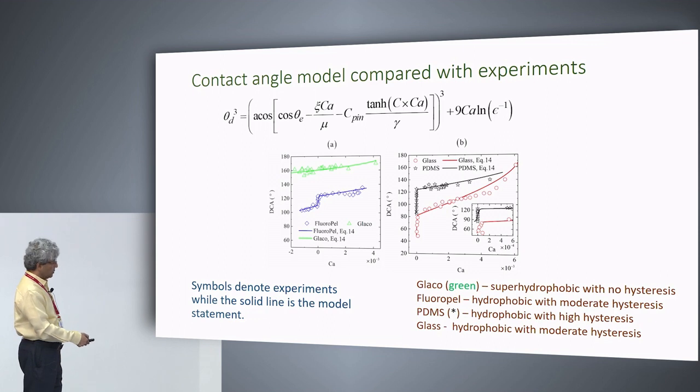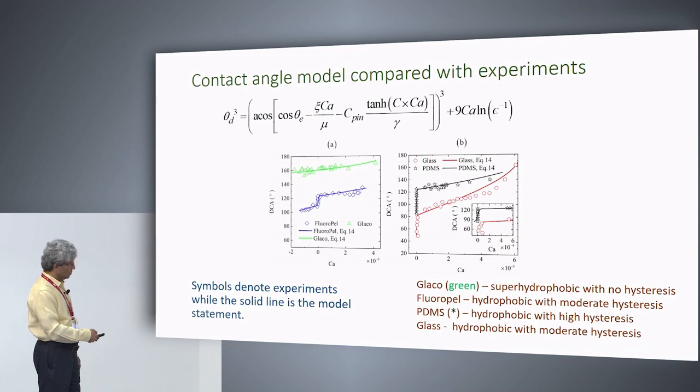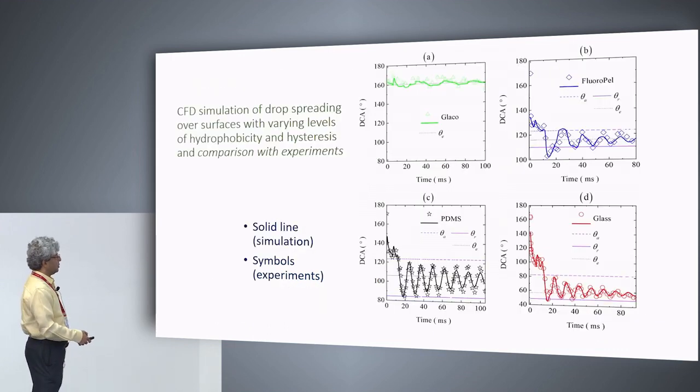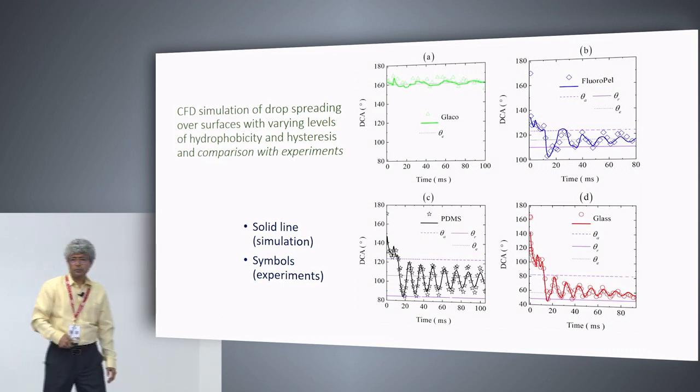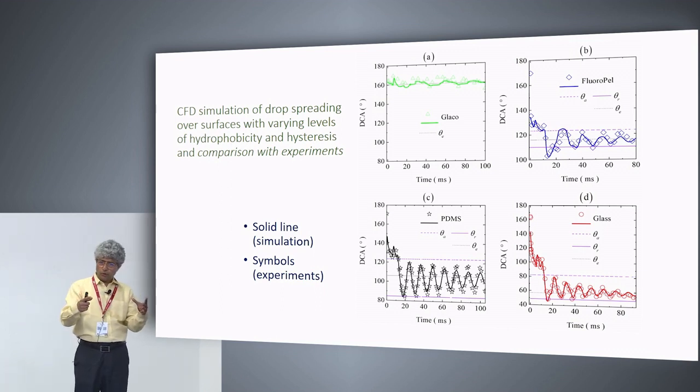PDMS is this star, this is the PDMS jump because of hysteresis, and that is the positive branch of the contact angle model. I showed you the entire video, so you can analyze the video frame by frame.